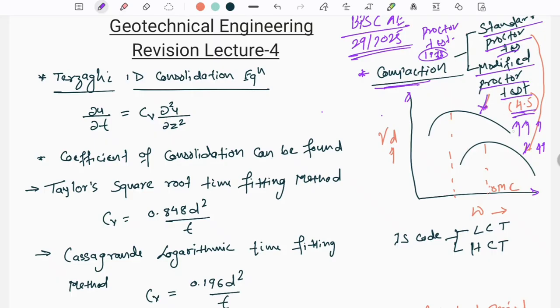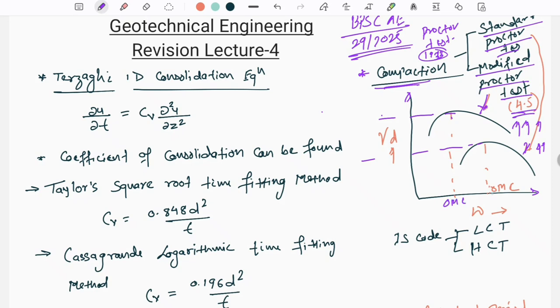As we increase the impact energy, the compaction energy, the curve is shifted towards the left. That means dry density will increase. You can see here dry density will increase, and at the same time optimum moisture content decreases.